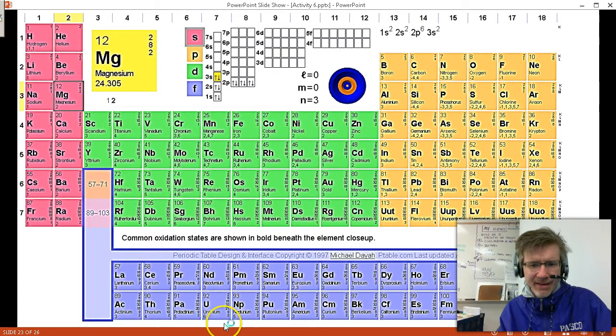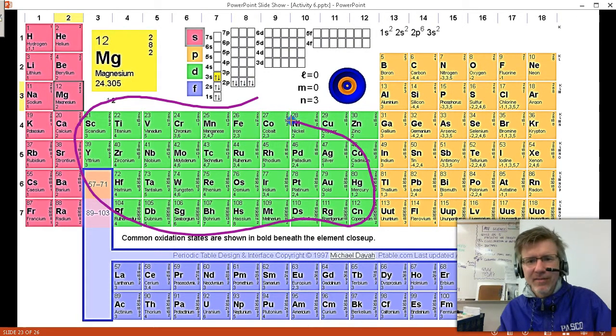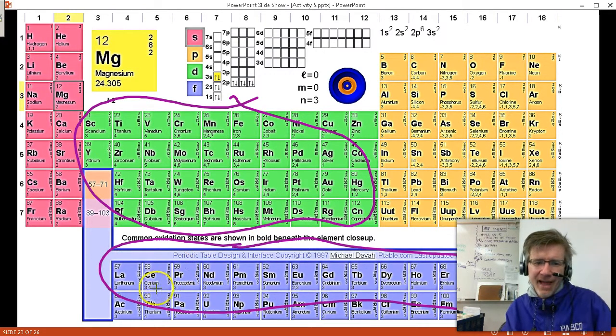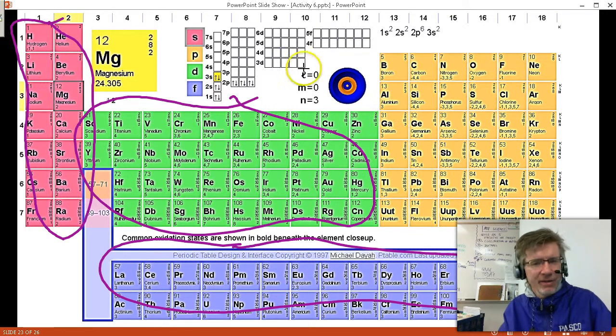Here you add the D levels in this section of the periodic table, the transition metals, and that's green. And then where do you add the F sublevels? It turns out you add the F sublevels down here. And these are called the Lanthanide Series and the Actinide Series. So once again, S sublevels here, only 2 electrons.